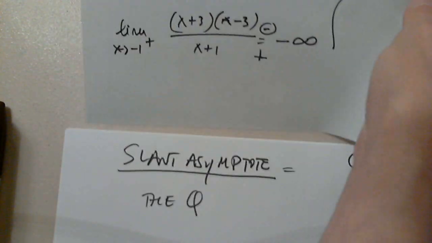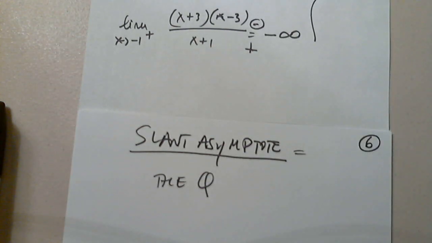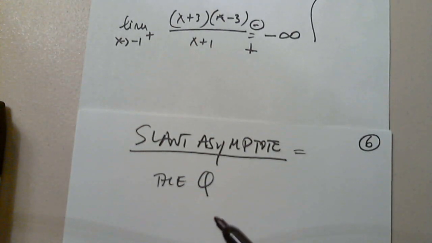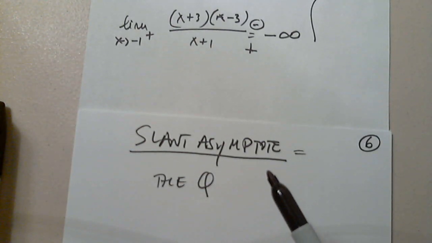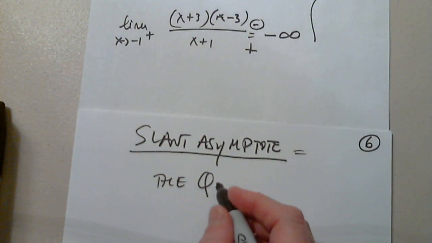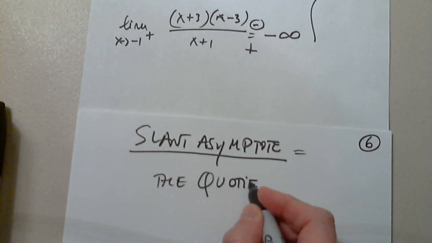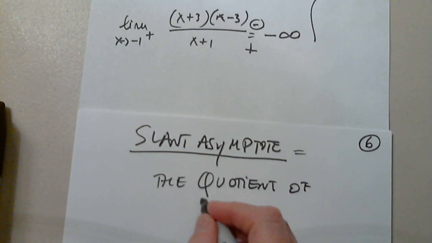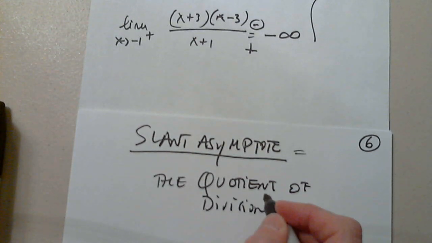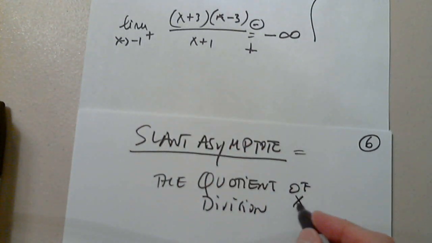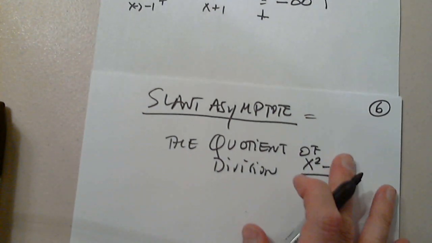So now for the slant asymptote. The slant asymptote is always the quotient of the division. What division? In this case, we have x squared minus 9 over x plus 1. Only the quotient.